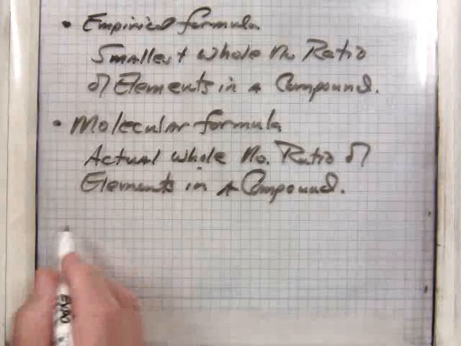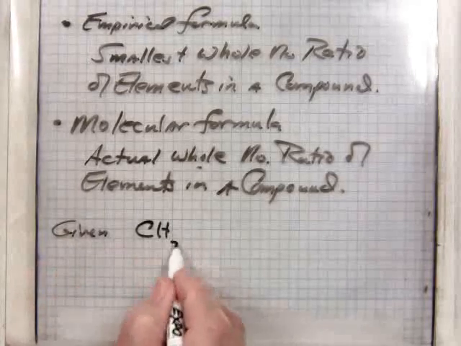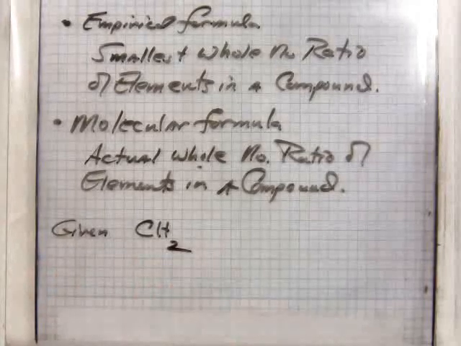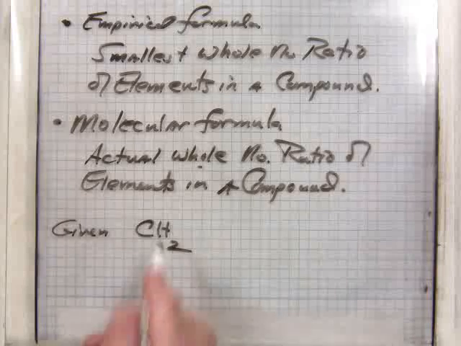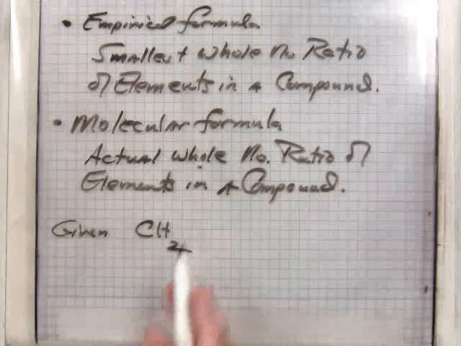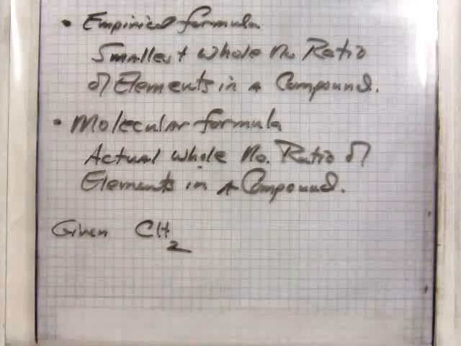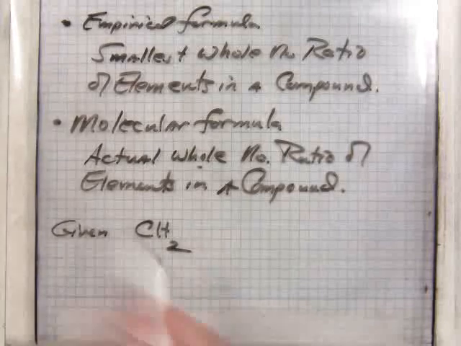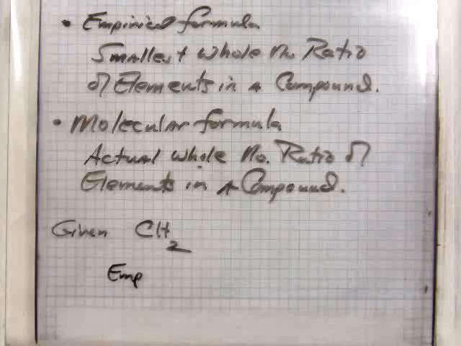Let's say you're given this formula, CH2. And you cannot reduce the subscripts to smaller numbers. In other words, you can't go through and divide by 2 and get something less complicated. And so this is the smallest whole number ratio between carbon and hydrogen for whatever we're working with. And this is the empirical formula of what I'm going to make a molecular formula for.